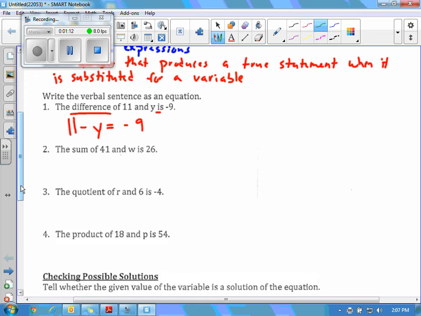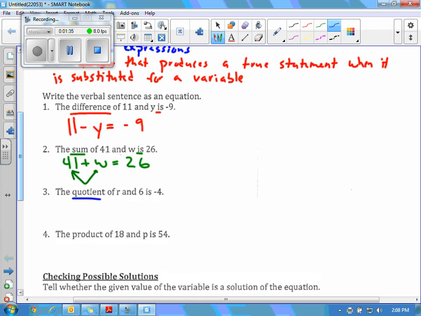For number 2, it says the sum of 41 and w is 26. Sum is my giveaway word. So 41 plus w is the equal sign 26. Since it's addition, I actually could have written this the other way if I wanted. It doesn't really matter. For number 3, it says the quotient of r and 6 is negative 4. Quotient means division.